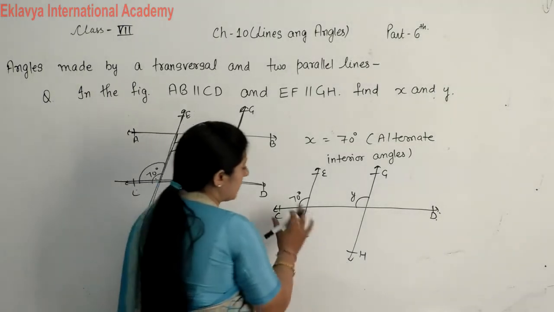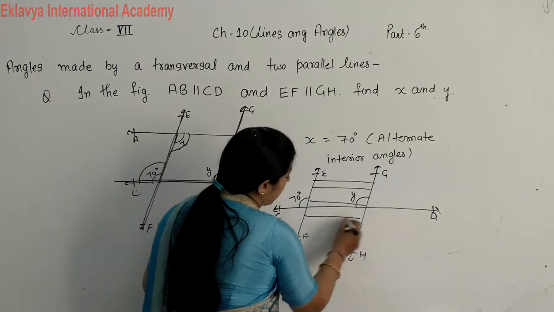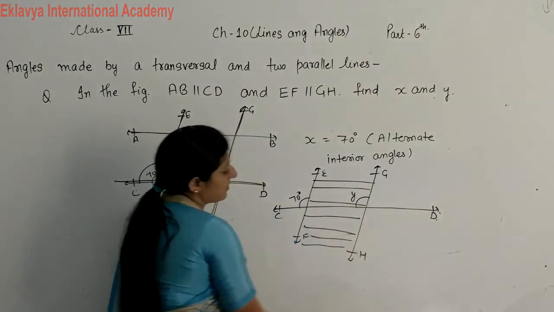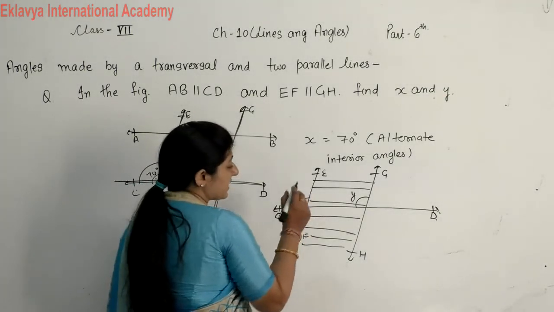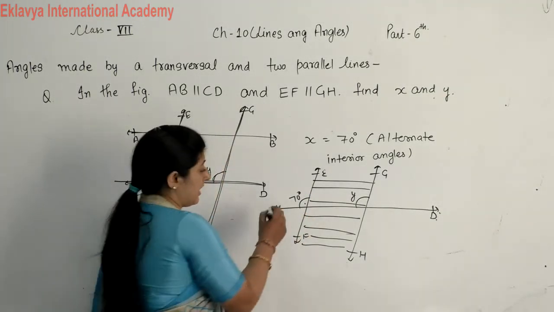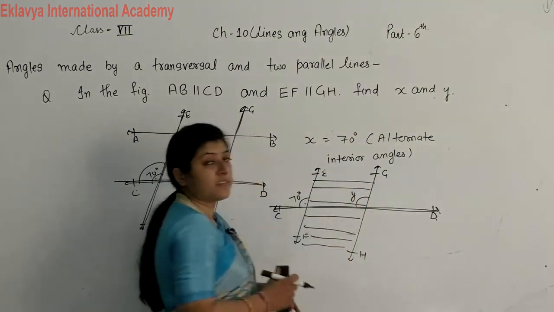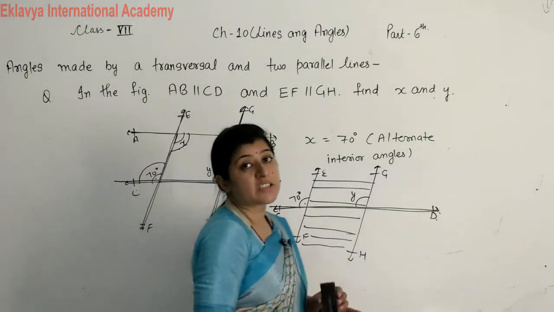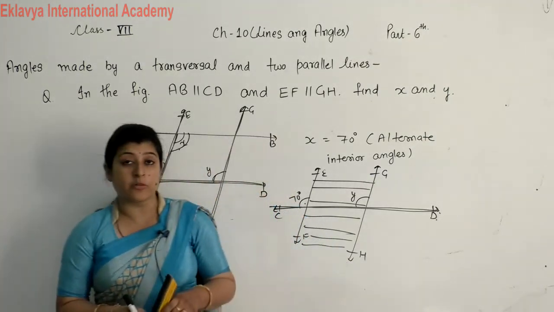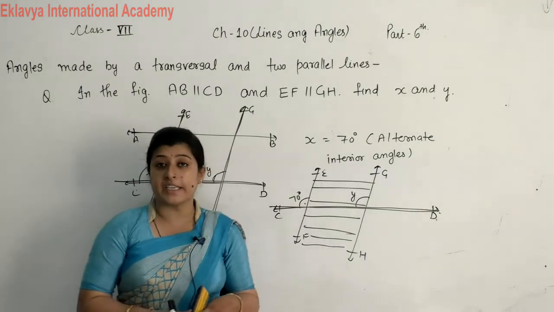See here, if these are two parallel lines, then obviously the angles that lie in this region are called interior angles. So this one is exterior. On the same side of the transversal we have two types of combination: one is corresponding angle and the second one is co-interior angle.